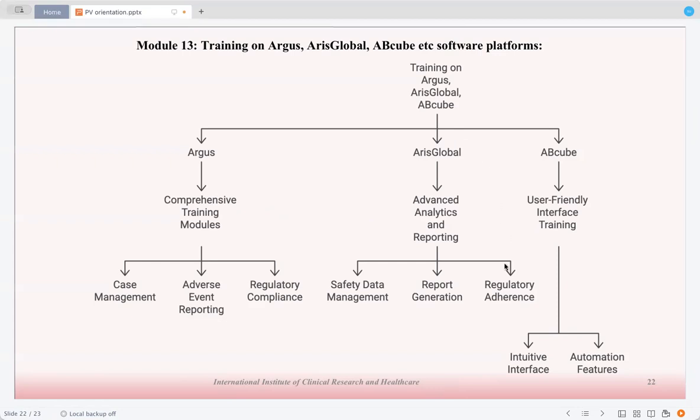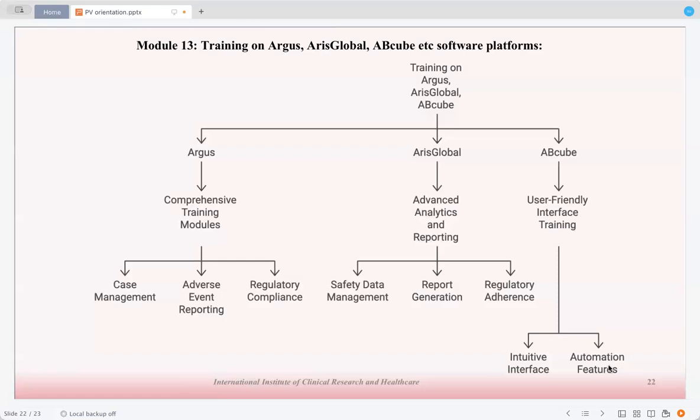This is ABQ. This training focuses on the intuitive interface and functionalities for managing pharmacovigilance data, helping users efficiently input, track, and report adverse events, along with automation features and all.